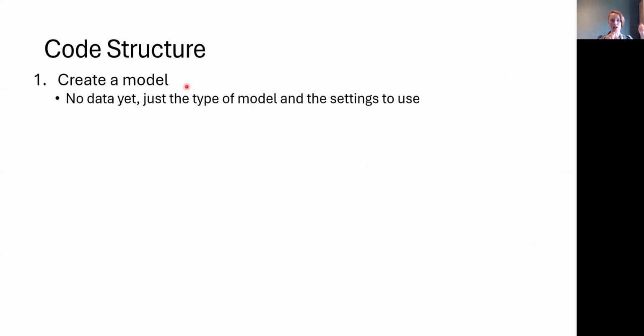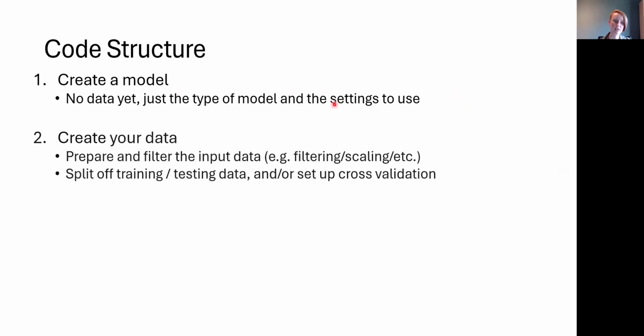This is slightly weird, but it makes sense and is nice to use once you're used to it. So you create a model with no data in it, just the type of the model, and you can set the parameters and things that you want to use.